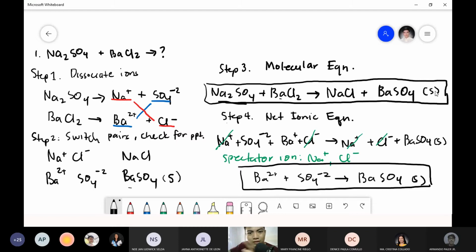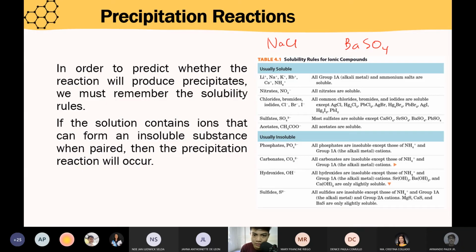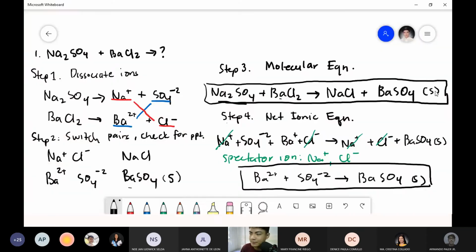Kasi gagawin mo lang, you do the switching ng partners, double displacement yan. And then, after you switch the partners, you determine if you have a precipitate. Okay. So in the case of sodium sulfate, barium sulfate, we were able to determine that barium sulfate is a precipitate. Saan mo nalaman? Dito. Sa paki-print out tong picture na yan. Nasa PowerPoint naman yan. Okay. So yun.